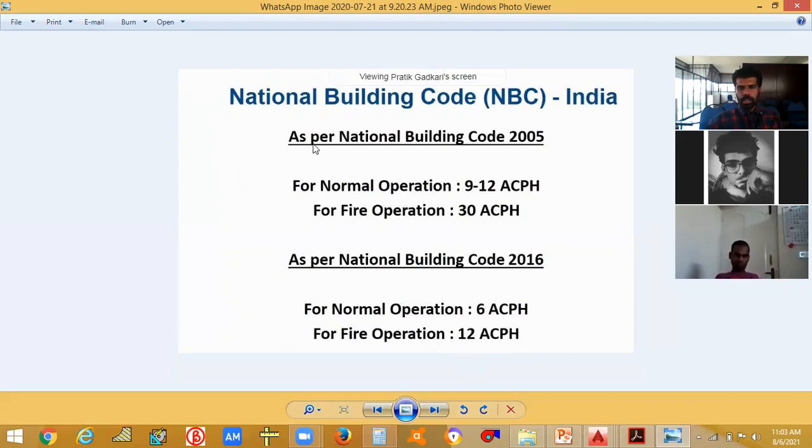Note this down: National Building Code ACH standards. For normal operation it is 6 ACH, and for fire operation it is 12 ACH or ACPH.